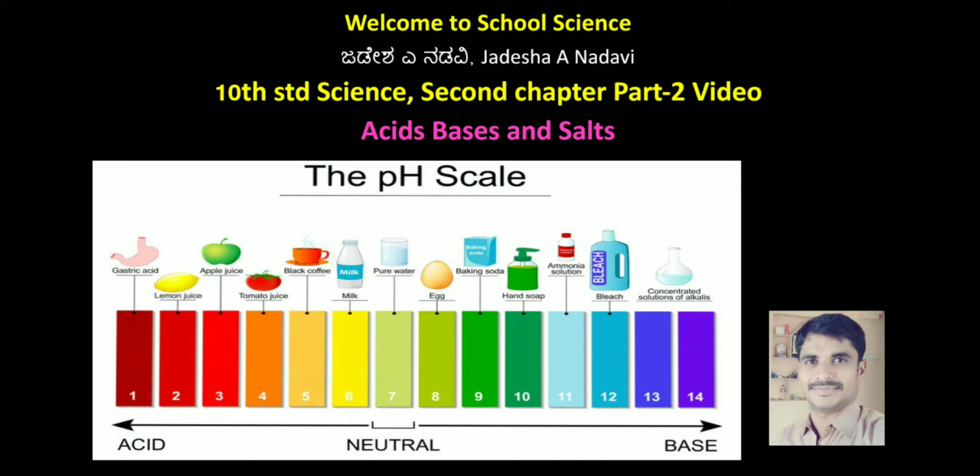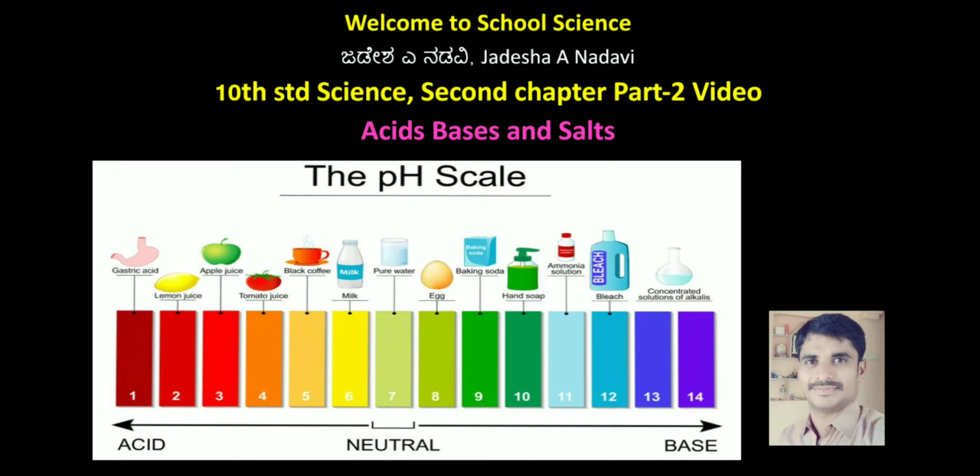If the pH of the solution becomes 7, then the solution becomes neutral. If we move from 6, 5, 4, 3, 2, 1, the acidic character increases. If we move from 8, 9, 10 up to 14, the basic character increases.